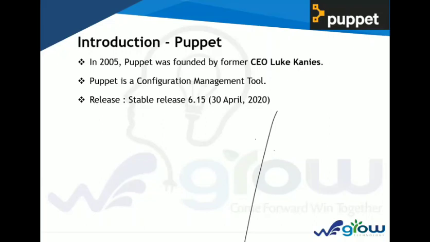Next is Puppet. Most industries are using Puppet because it emerged before Ansible and Terraform. Most banking sectors and enterprises that existed before 2000 were using Puppet, because Puppet emerged in 2005 and was founded by CEO Luke Kanies.